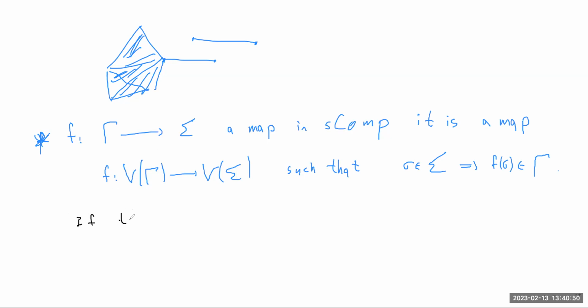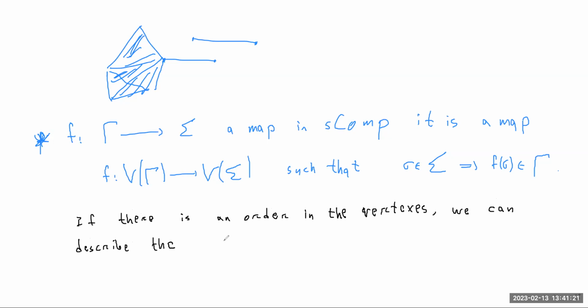If there is an order on the vertices, we can describe the simplicial complex sigma as follows: in sigma 0, I put the vertices, and then in sigma 1, I put all the 1-simplices.